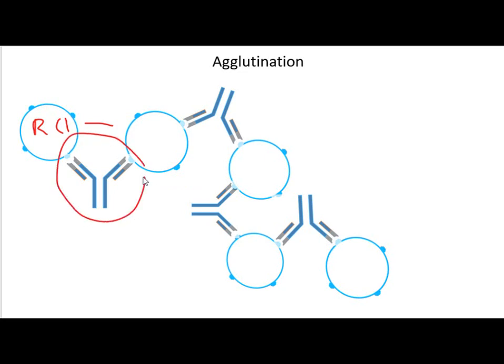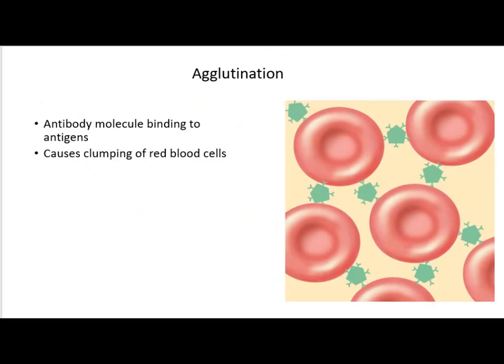So antibodies bind to them and agglutinate them together. The green ones are the antibodies, and the antibodies are binding to the red blood cells and clamping them together. And that clamping of red blood cells is called agglutination.